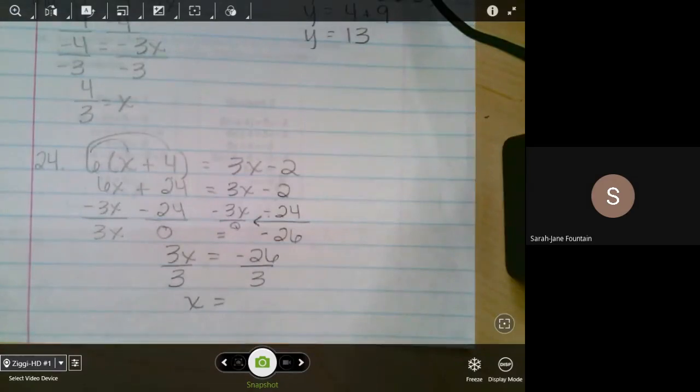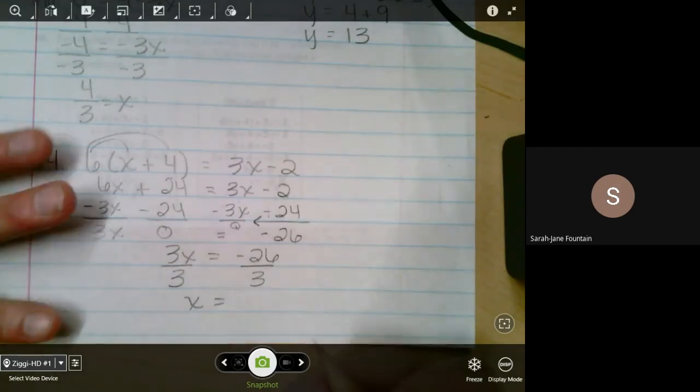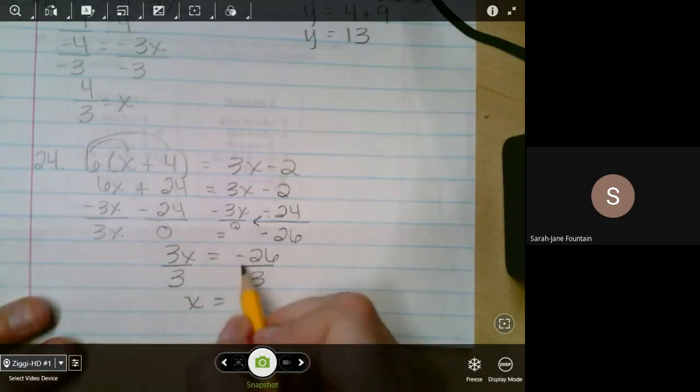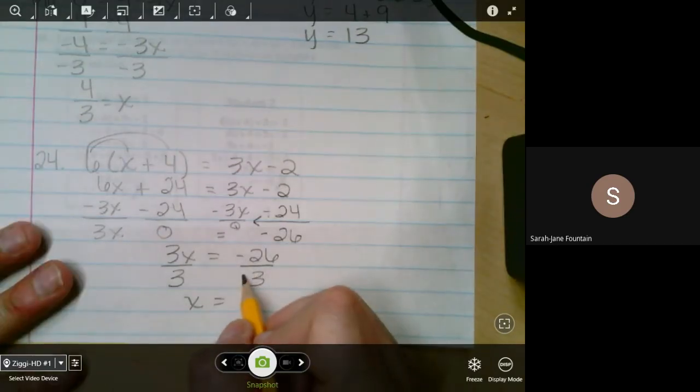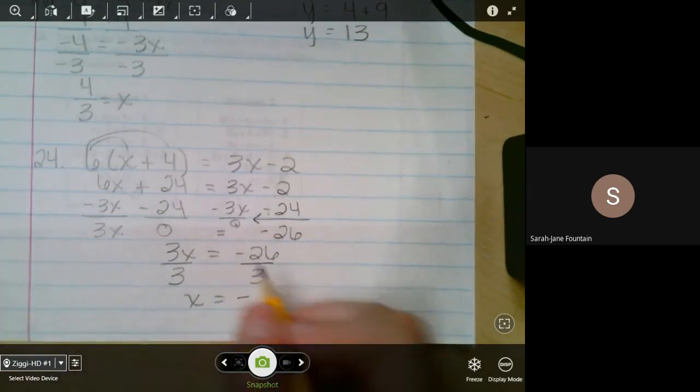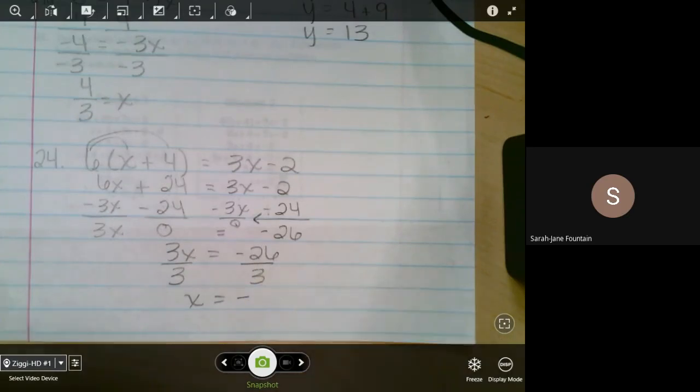And what is 26 divided by 3? It's not a pretty number, is it? Well, first off, let's figure out if it's going to be a positive or a negative. Because I have a negative on the top and a positive on the bottom, it's going to be a negative.